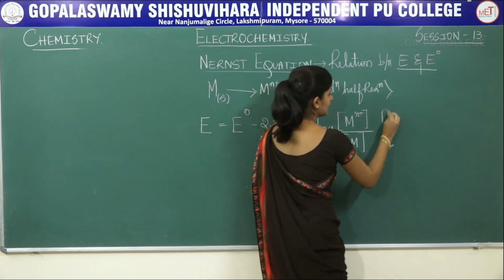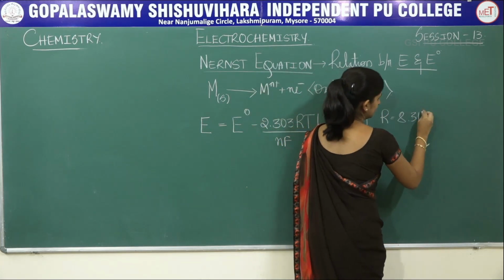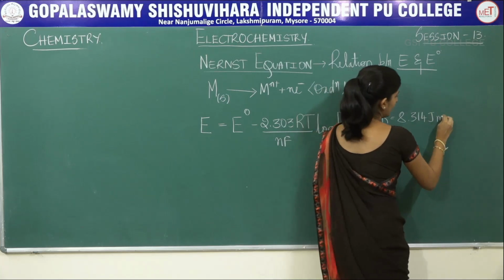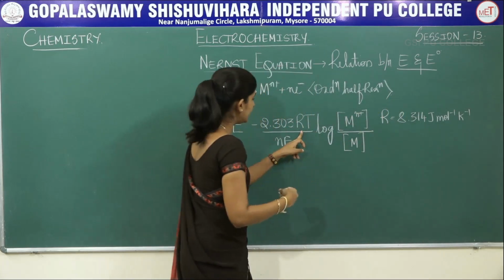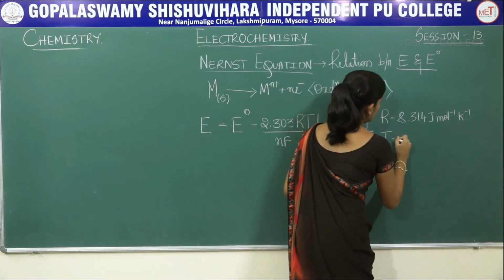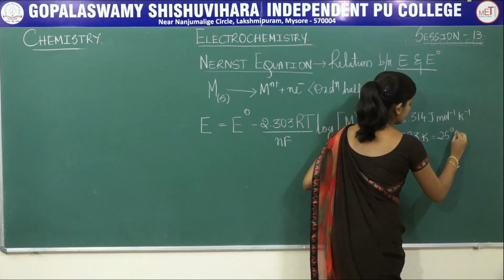R is your gas constant, it is 8.314 joule per mole per Kelvin. Then T is your temperature, 298 Kelvin, that is your 25 degrees Celsius.